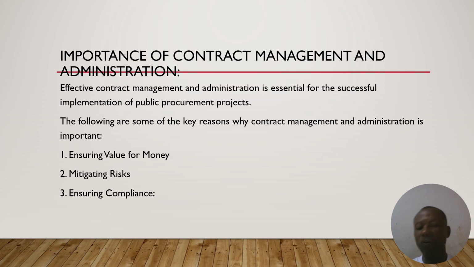You may run short of raw materials because the supplier has not supplied the needed raw material that you contracted him or her to supply. And you shut down the plant. When you shut down the plant, look at the supply chain, what's going to happen? You lose your market share. You lose your customers. The confidence of your customers will come down. So these are some of the risks that we are talking about.